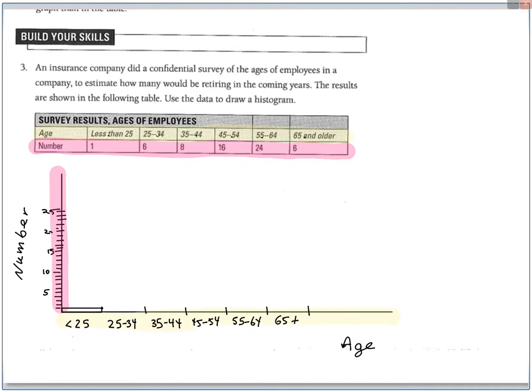25 to 34 goes up to 6. And then basically you just gotta draw these rectangles. 35 to 44 goes to 8. To 16, and then 24 is the largest.